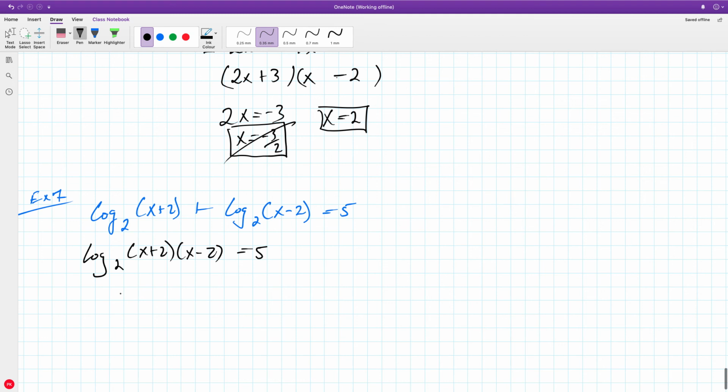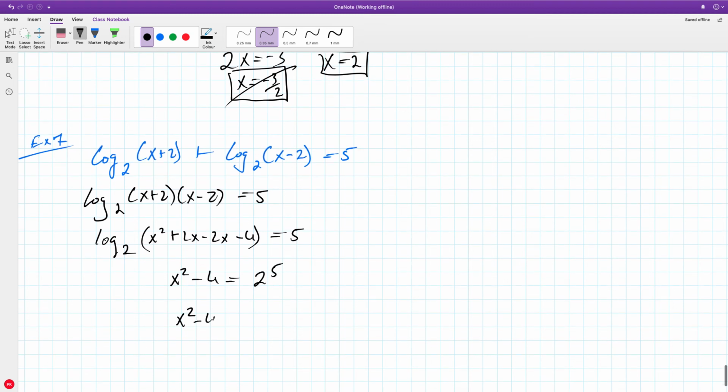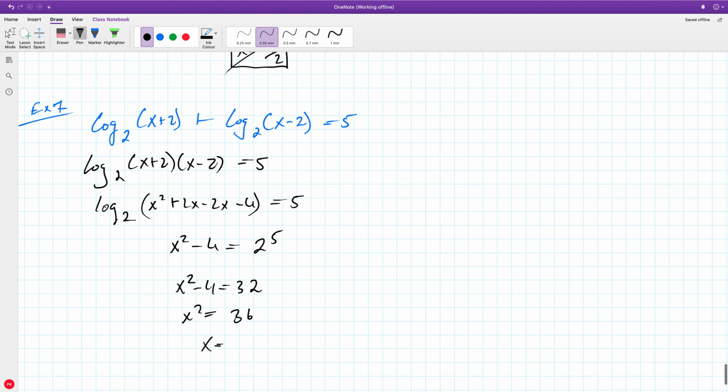That is the log of x squared plus 2x minus 2x minus 4 to the base 2 is equal to 5. x squared minus 4 is equal to 2 to the power of 5. x squared minus 4 is equal to 32. x squared is equal to 36. x is equal to plus or minus 6. Minus 6 won't work up here because you end up with log of minus 8. So x is just equal to 6. Minus won't work. Good stuff.